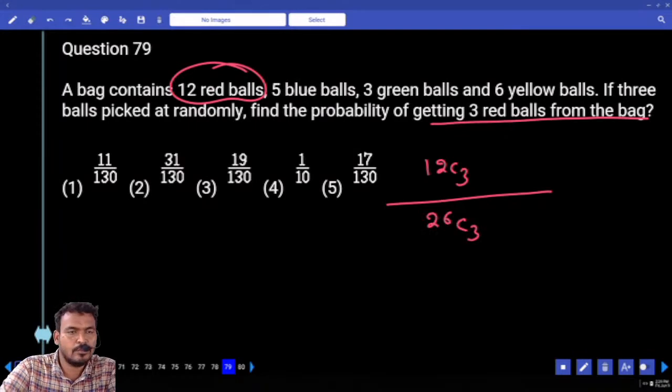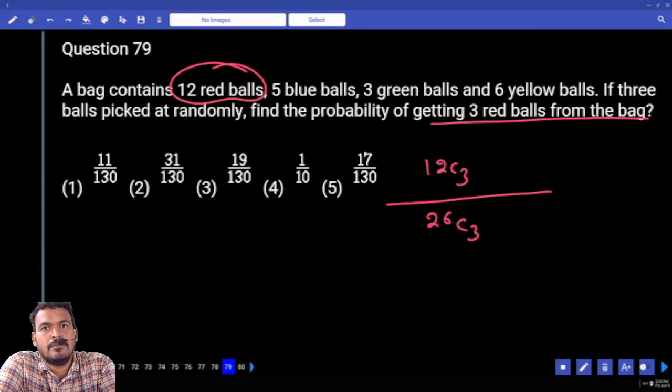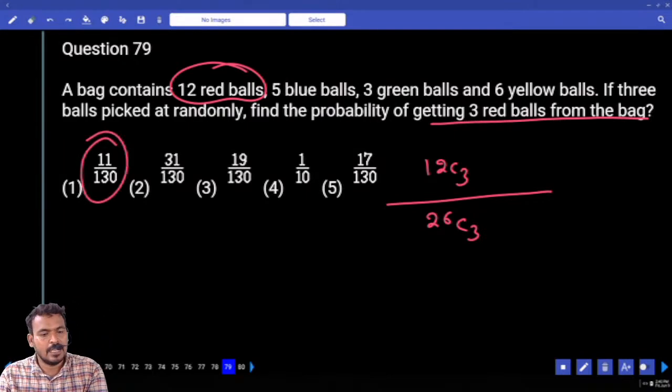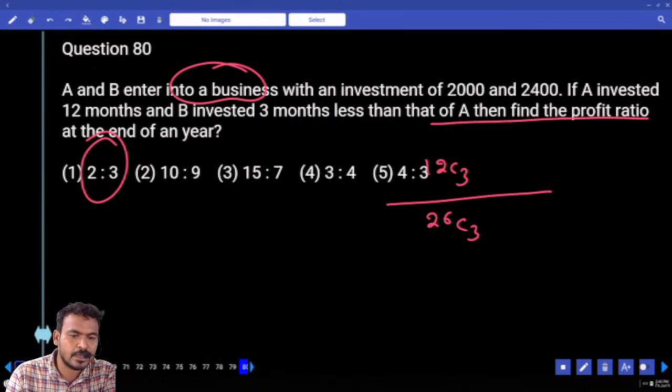Numerator 12 into 11 into 10. Denominator 26 into 25 into 24. Any cancellation for 11 in denominator? No. Then the answer numerator must be 11 or a multiple of 11. What is the answer? First one, 11 by 130.